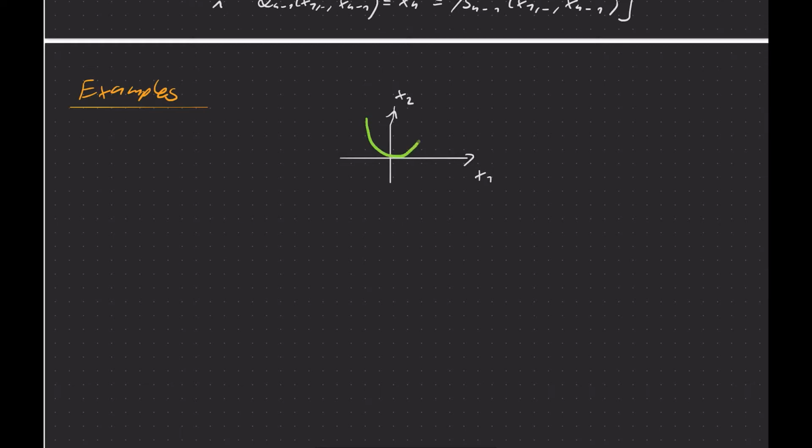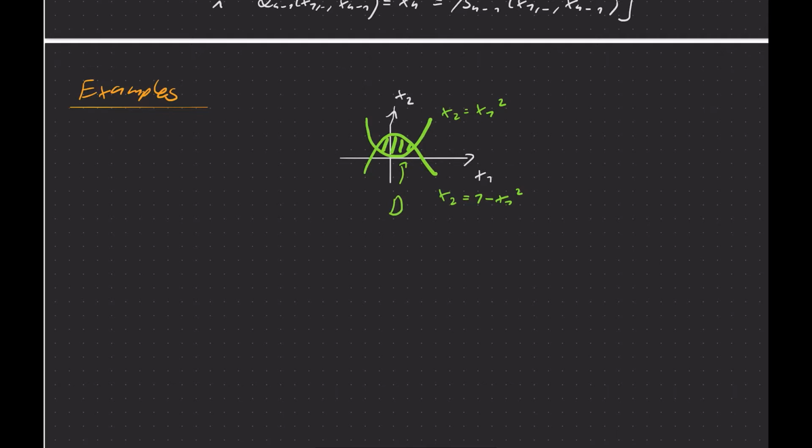One looking like this, and the other one looking like this. Okay, so those are the functions. This one is the function x2 equals x1 squared, and this is the function x2 equals 1 minus x1 squared. And the set D that we want is the set enclosed here in the middle. Okay, so that is the domain that we want to describe.